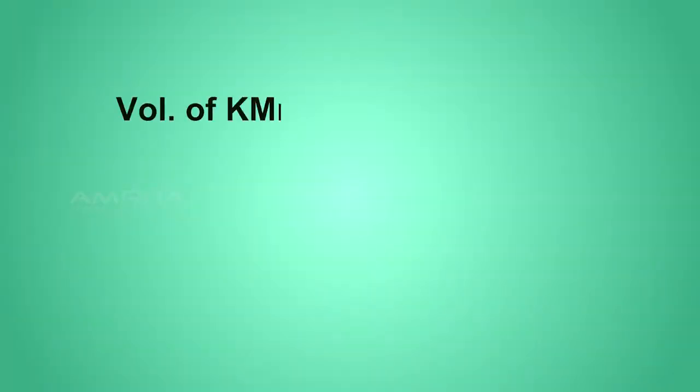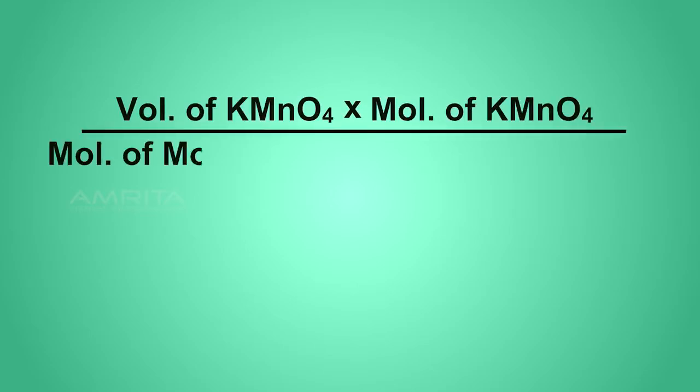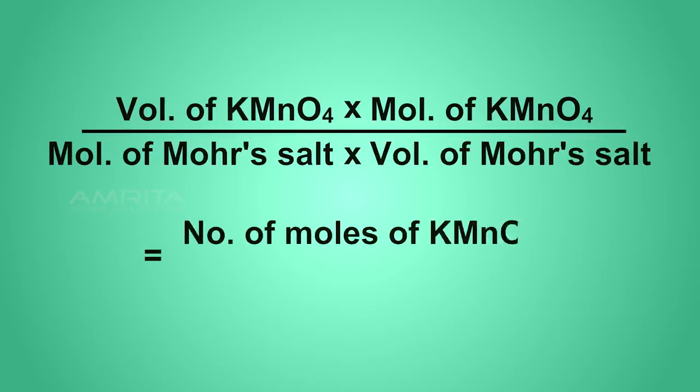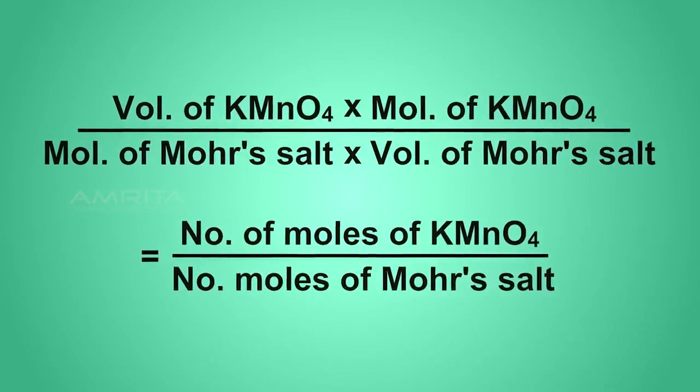According to the molarity equation, volume of potassium permanganate into molarity of potassium permanganate divided by molarity of Mohr's salt into volume of Mohr's salt gives us number of moles of potassium permanganate divided by number of moles of Mohr's salt.